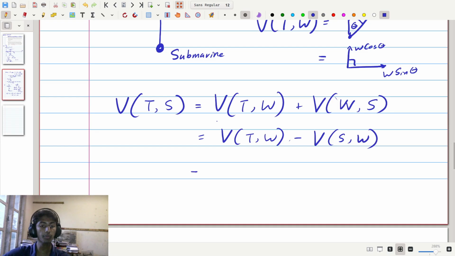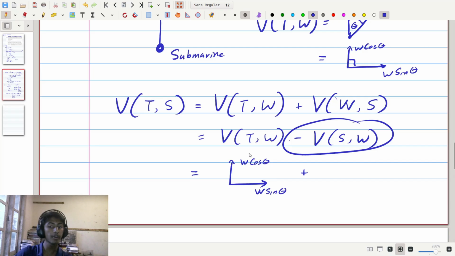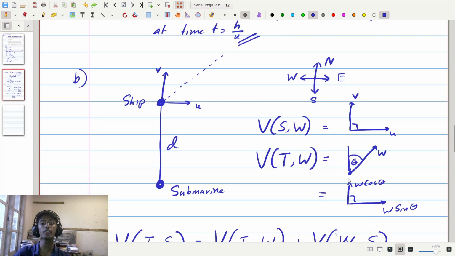The velocity of torpedo relative to water is w cos theta vertically, and w sine theta horizontally. To that we need to add the negative value of the velocity of the ship relative to the water, which is the inverse of this: v downward and u leftward.